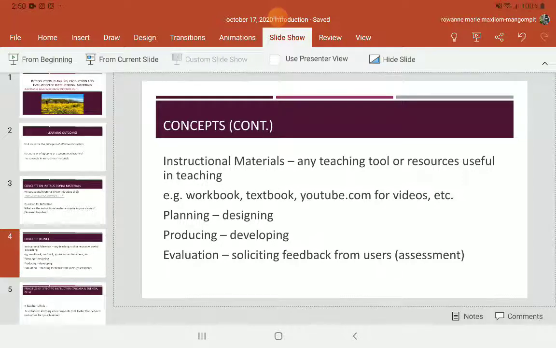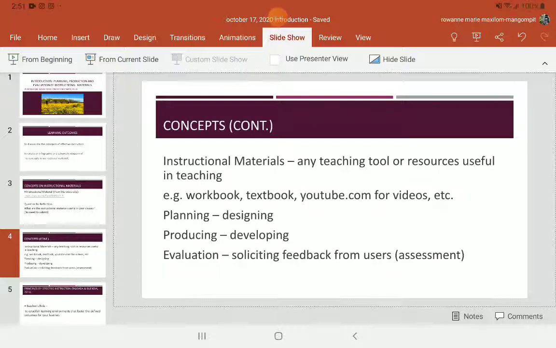Now, if you're going to consider planning, basically, I associate planning with designing. So you still have to generate or conceptualize the material that you have in mind. Okay, but then next week, we're going to focus on the theories, so we have a framework in designing. So we're still in the planning stage or designing.